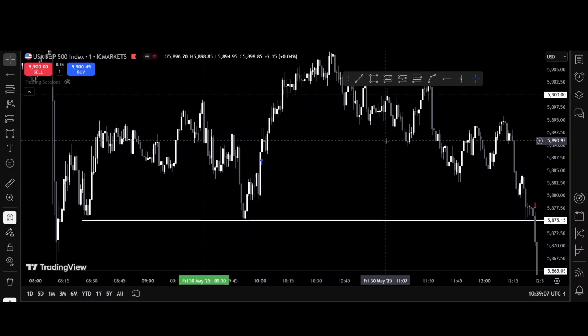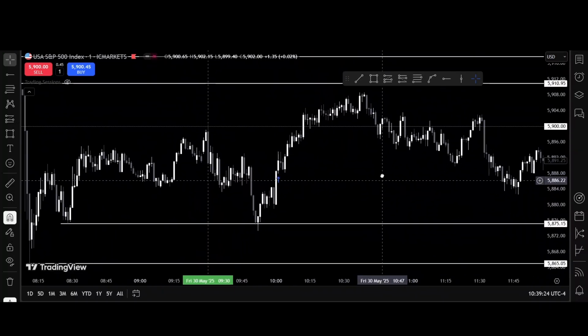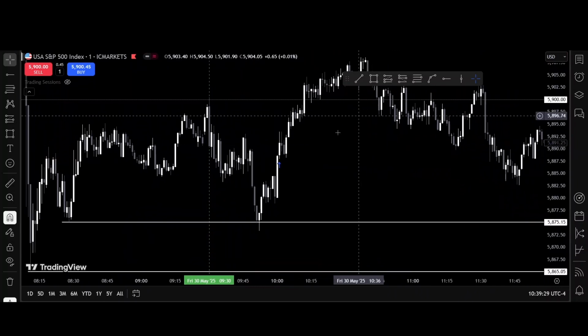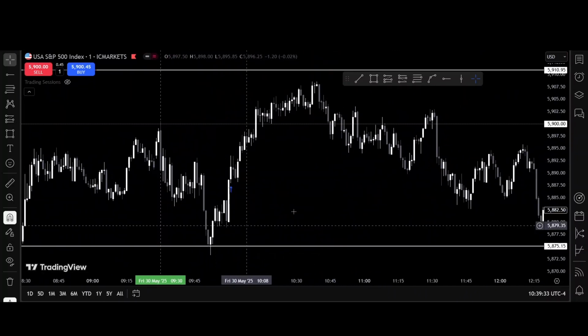Risk management is way better on ES because let's use yesterday as example. I only entered one contract here. We risked $17.